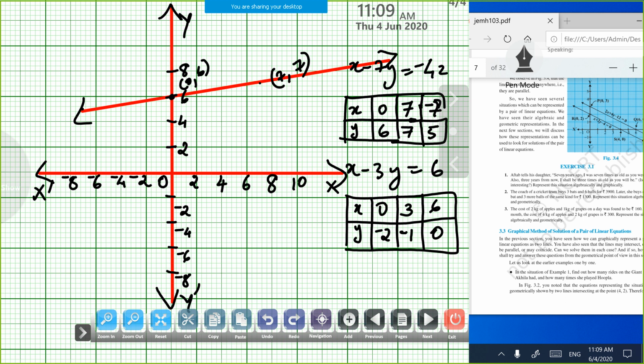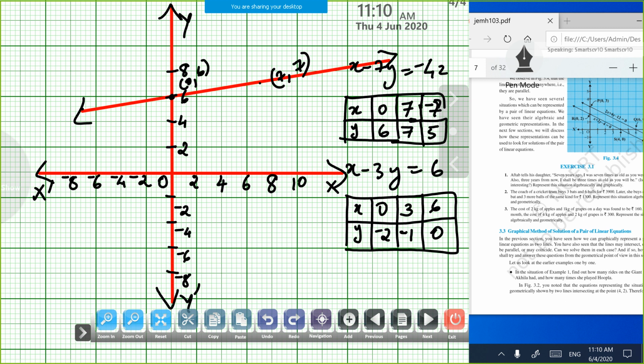The next one, x minus 3y is equal to 6. Draw the graph of x minus 3y is equal to 6. Then put x is equal to 0, y equal to minus 2.